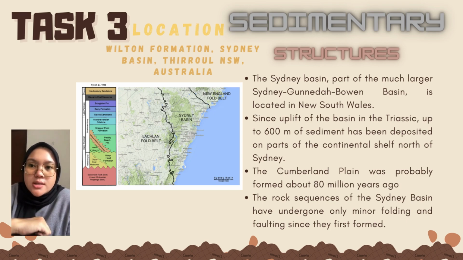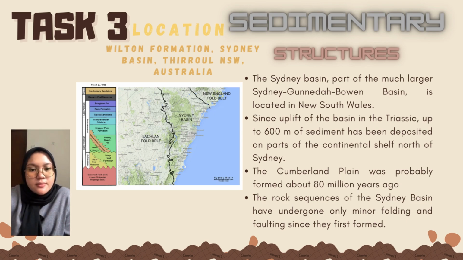The rock sequence in the Sydney Basin has undergone only minor folding and faulting since it first formed. The only large-scale faults are those of the Lapstone monocline at the eastern foothill of the Blue Mountains and, further west, the Nepean monocline.